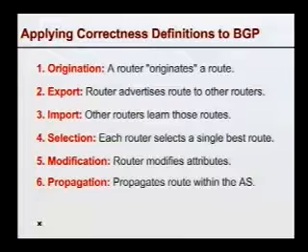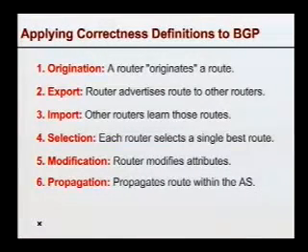Okay, so this slide should be fairly obvious to you, but I want to raise it because we have this definition of what it means to be correct, but how are we going to actually apply it? In order to do that, we need to figure out what the things are that BGP is really doing, and it boils down to about 6 things. There's origination. A router may export that route to another router. When that router hears it, it's going to import it, do some stuff, and decide whether or not to accept it. There's the path selection process.